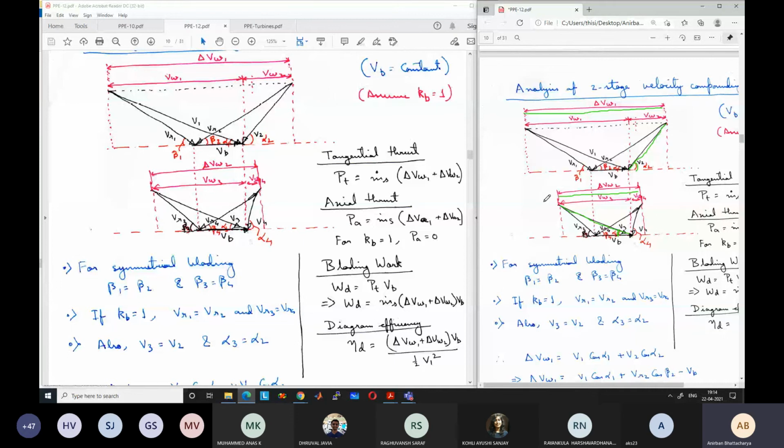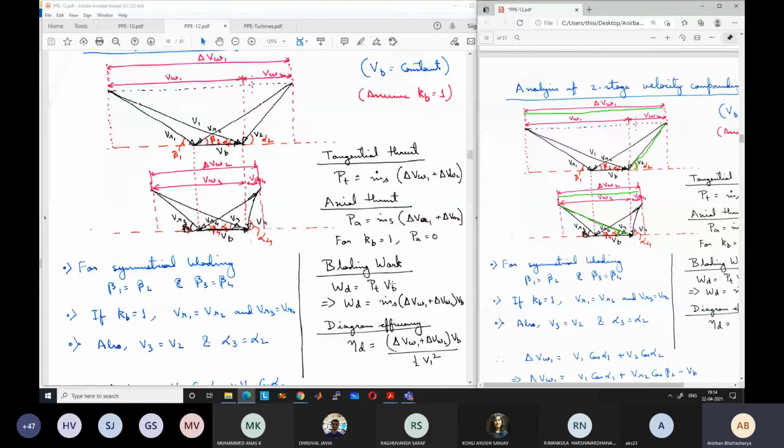So we want to find the tangential thrust. Once we find it by adding the thrust for the first and second stages, we multiply it by the blade velocity to obtain the blading work. So blading work will be delta VW1 plus delta VW2 into mass flow rate into VB, and then we can find the efficiency by dividing by the mass flow rate into kinetic energy.